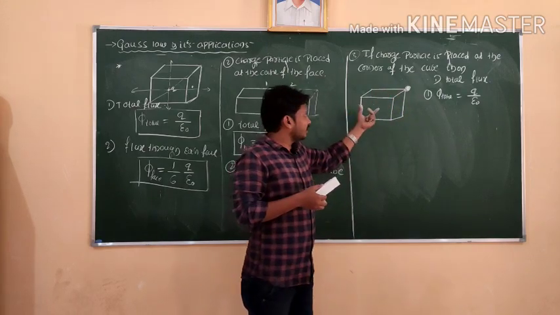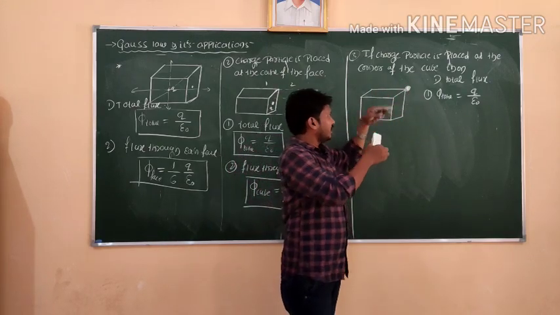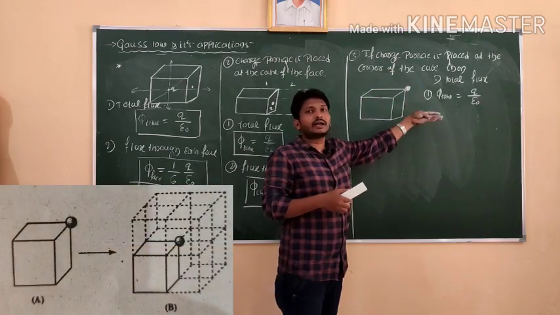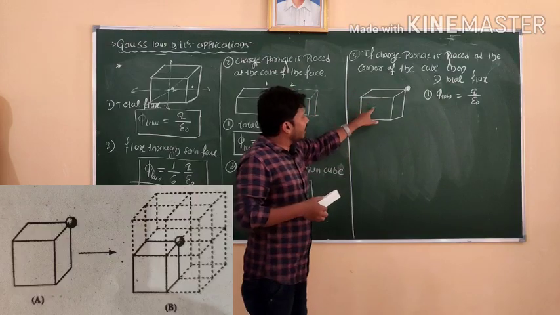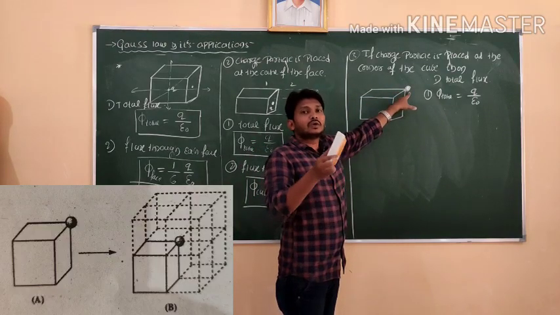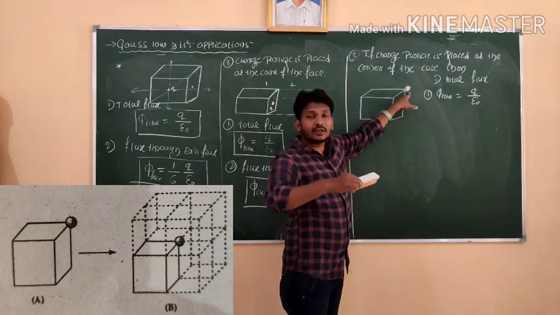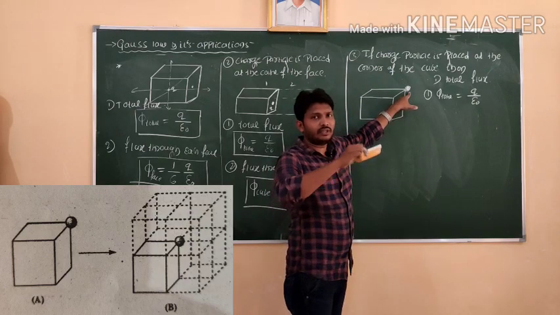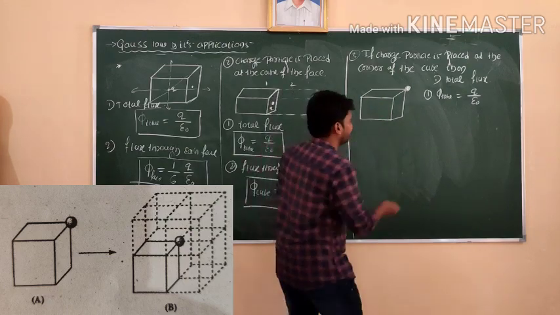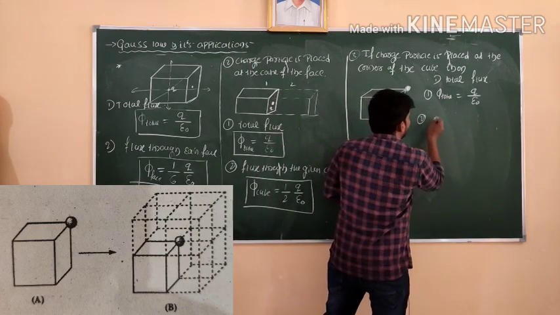In the diagram I will show that. Here I am unable to draw those imaginary 7 cubes, so let me directly show in the diagram. In order to make this charged particle a closed one, totally how many imaginary cubes will be required? 7 imaginary cubes. Then what's the total here, including this one? 8 cubes will be required here. Then the flux through the cube.